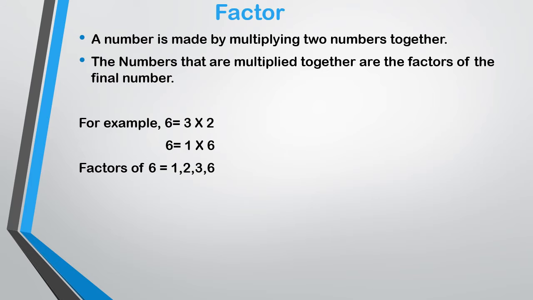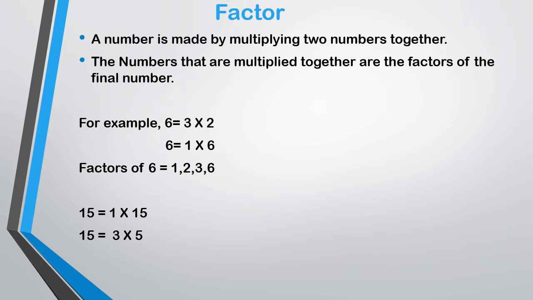We'll see another example. 15. So 1 fifteen is 15, and 15 ones are 15, so 15 comes in the 1 table and the 15 table. 15 doesn't come in the 2 table, but 15 comes in the 3 table: 3 fives are 15.